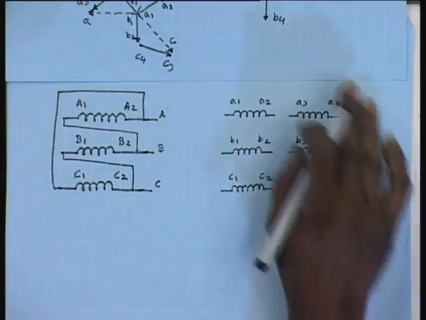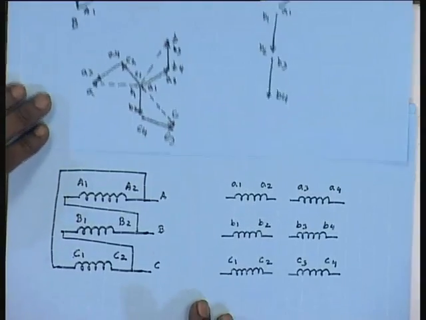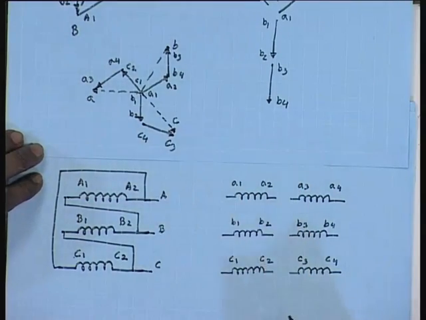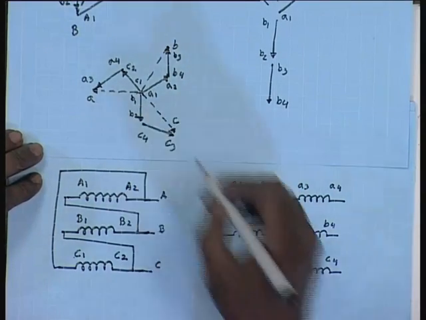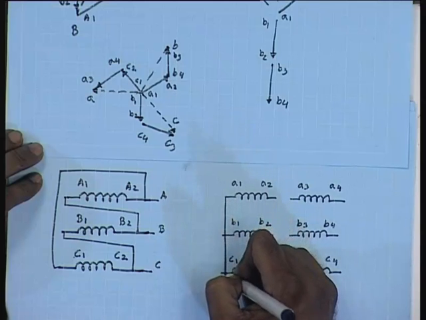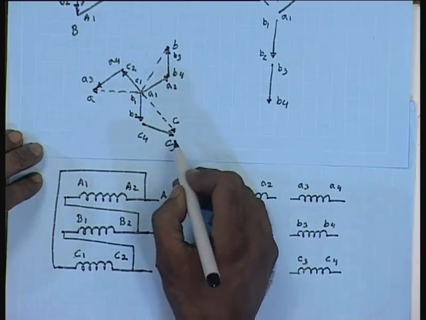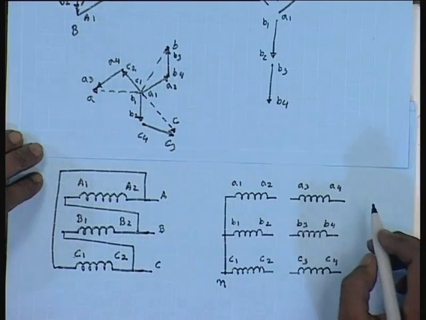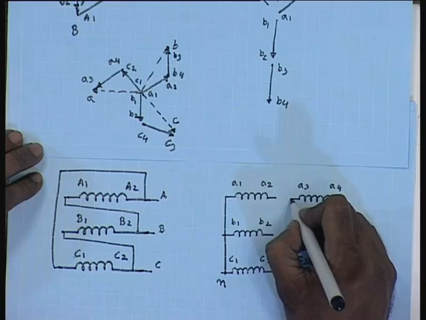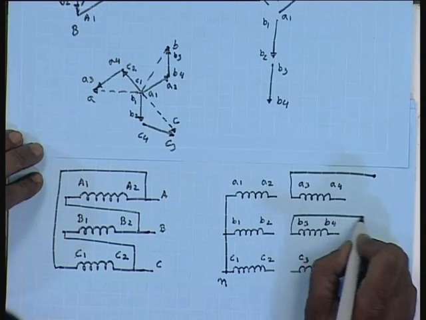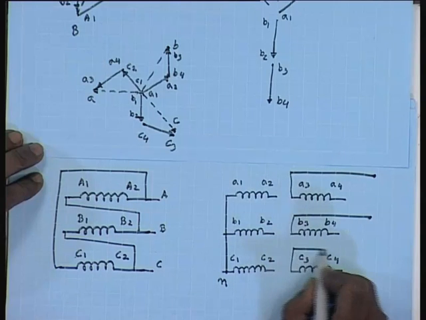According to the phasor diagram, in this case the start point is formed by connecting A1, B1, C1. So, this is the start point, and terminals are taken out from A3, B3, C3. So, these are the terminals taken out, A, B and C.